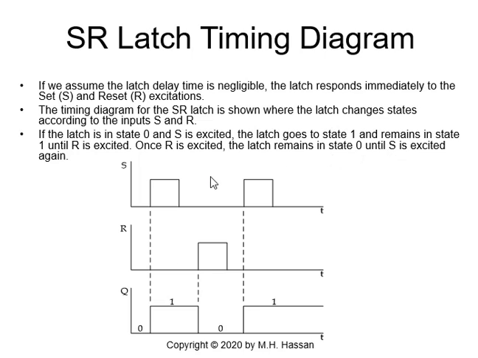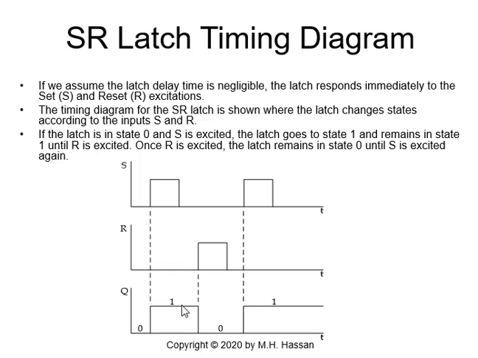So it is a very simple way. This is an example of excitation of S and R arbitrarily chosen. We have S connected to logic switches and we set it at a specific amount of time. When R is 0 and S is 1, we will find Q makes the transition from 0 to 1.